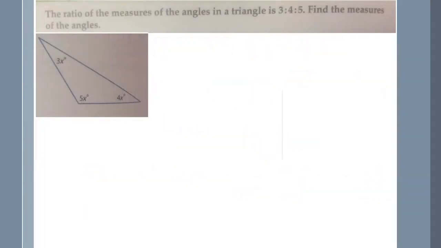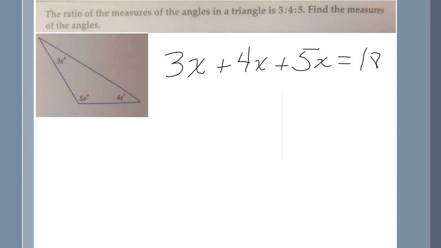So the ratio of the measures of the angles in a triangle is 3 to 4 to 5. Find the measures of the angles. Well, if the ratios are 3 to 4 to 5, that means we have reduced that. So we know it's 3 times some number, plus 4 times that number, plus 5 times that number, and that's going to equal 180, right?